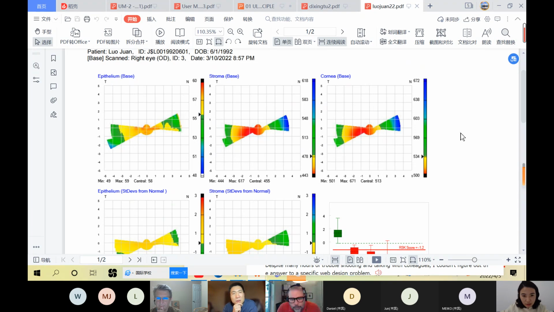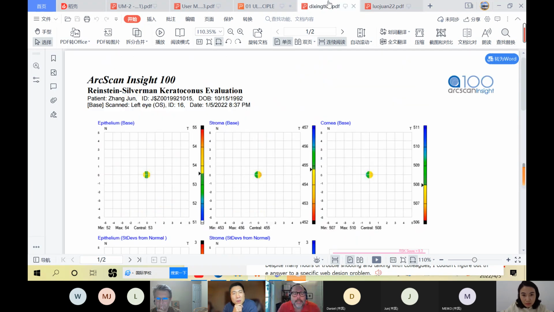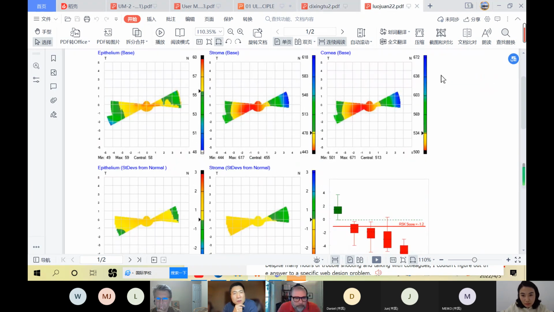I'm not going to answer you straight away, but what do you think that eye looks like that? What do you think happened to have that image? We don't know what's the problem. What's wrong with it?